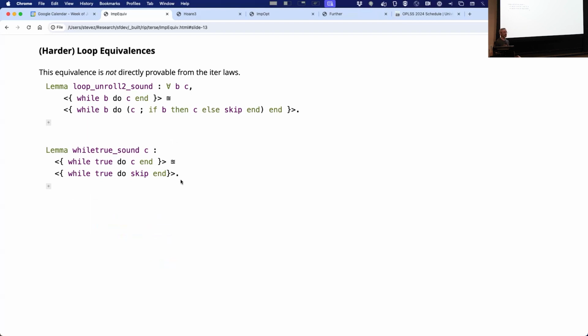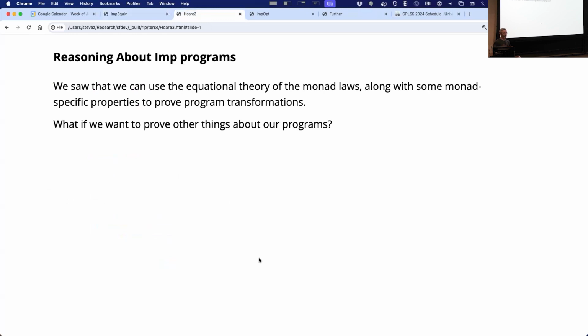Good. Any other questions? All right, so what I would like to do, so that was proving equivalences of IMP programs under various conditions. But I claimed at the beginning that we can use this sort of monadic structure to do other kinds of reasoning. So what if we have a particular program and we wanted to prove some fact about it?